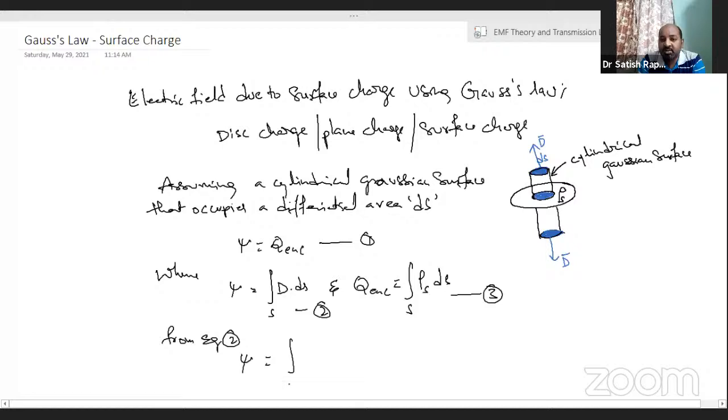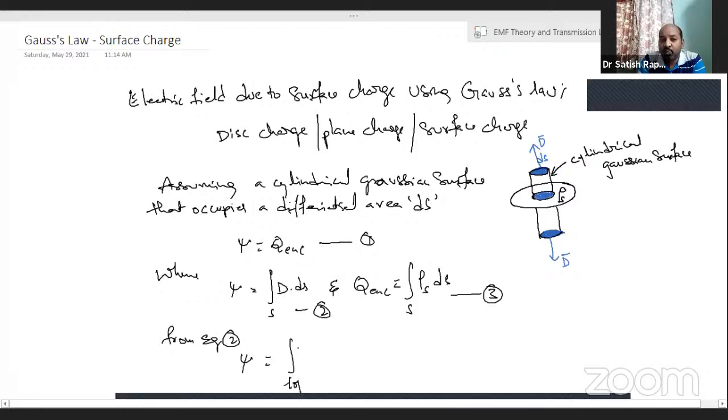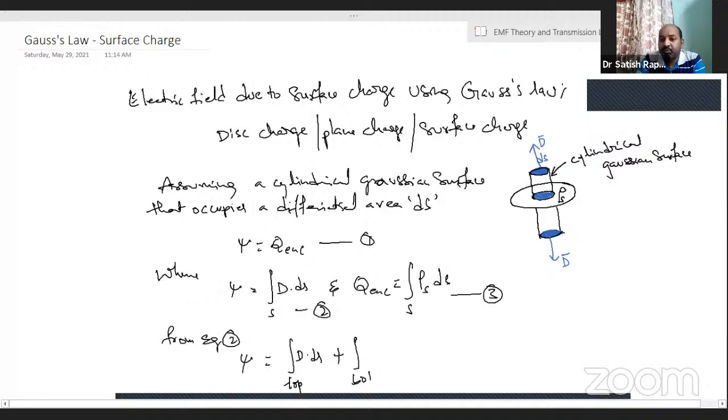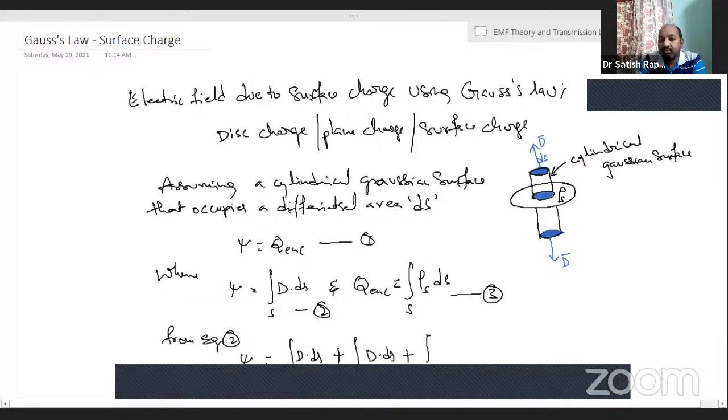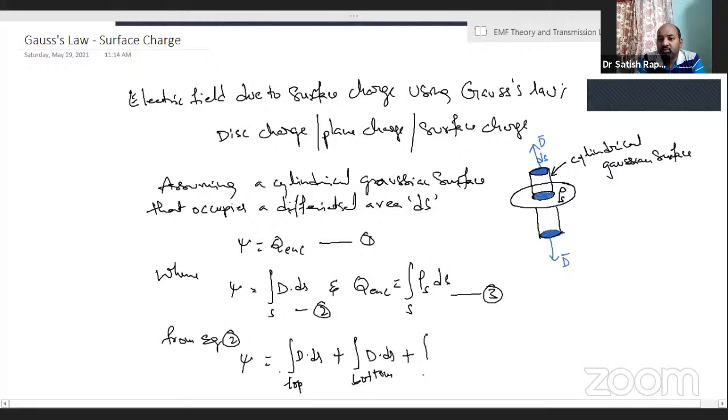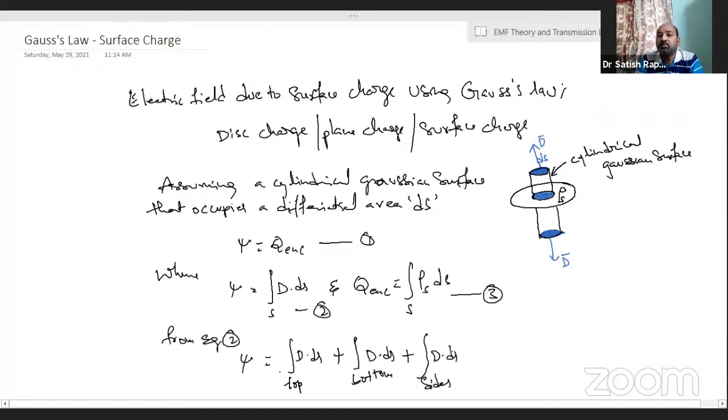So therefore, cylindrical Gaussian surface in the sense top dS plus bottom dS plus sides dS, right?